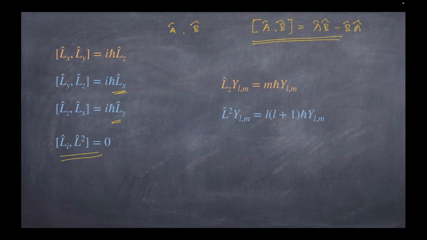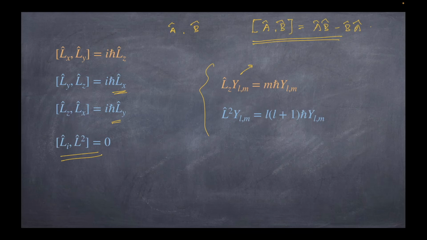Now if the commutation relationship between two operators is 0, it means we can measure the observables corresponding to these two operators simultaneously. So we can measure any component of angular momentum, Lx, Ly or Lz, and the square of total angular momentum simultaneously. Now the eigenfunctions of the Lz operator are the spherical harmonics Ylm, that means the angular part of our orbital wave function.